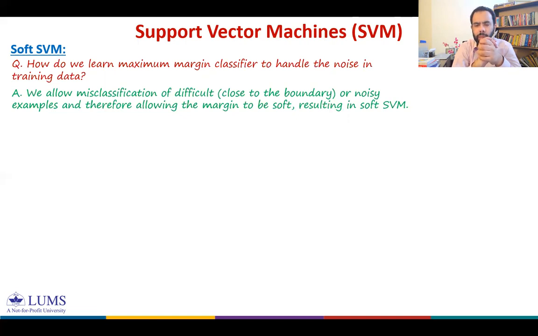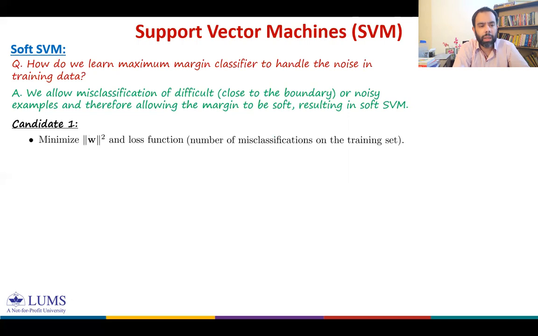How can we formulate it mathematically? Intuitively, we can have a candidate where we minimize the square of the Euclidean norm of w, which we do in hard SVM, and we also minimize the number of misclassifications on the training set. How do we minimize two quantities at the same time?